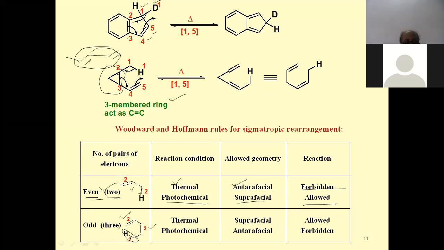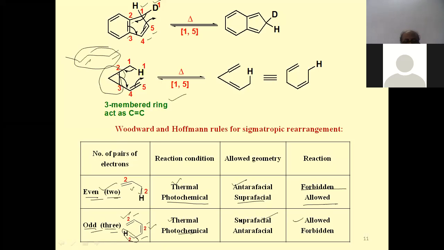So we are having a 3 electron pair system, 1, 2, 3. When it is 3, that means odd. So when it is odd, thermally it is going to be allowed and suprafacial, and photochemically it will be forbidden and it is going to be antarafacial.